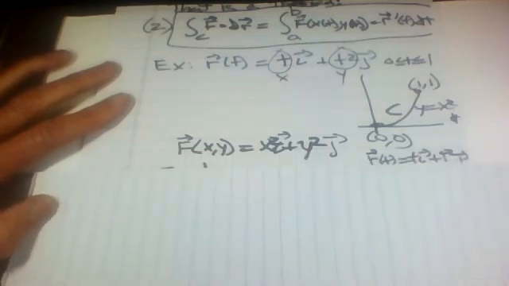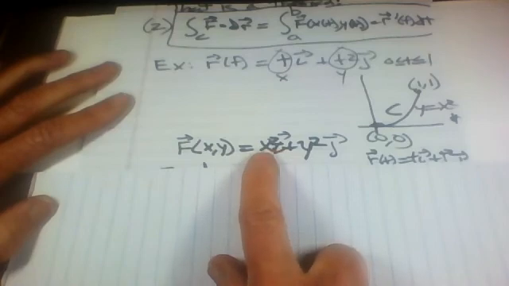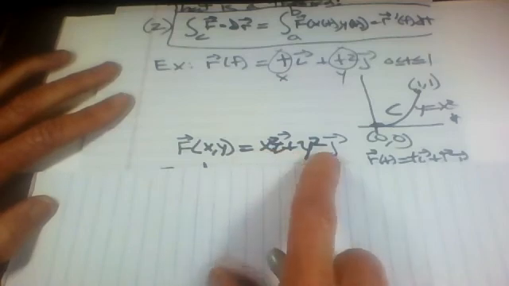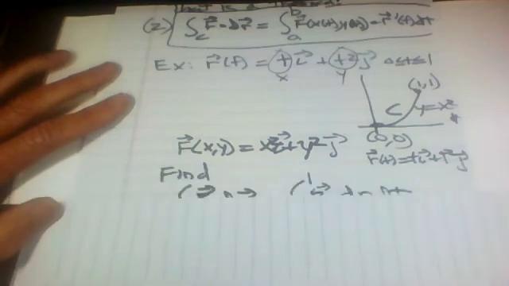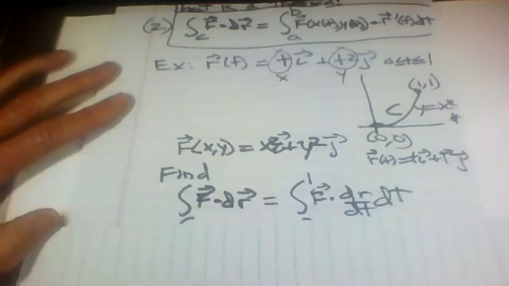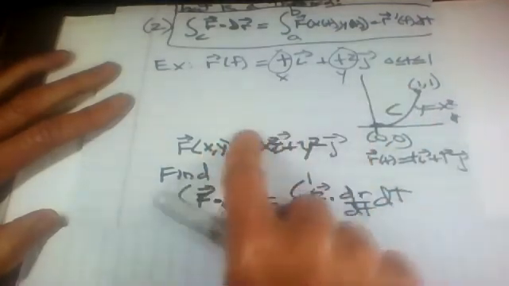Now suppose I have this vector field which has components x squared in the i direction, y squared in the j direction. And I want to calculate maybe the work done as I move along this curve with this force field in place.